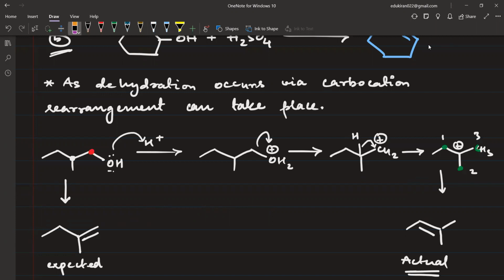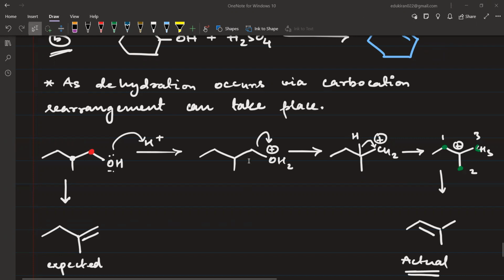Chaliye, write this down fast. Astha, this 1,2 hydride shift must be new, or have you already gone through it in the haloalkane chapter? Yes, sir.